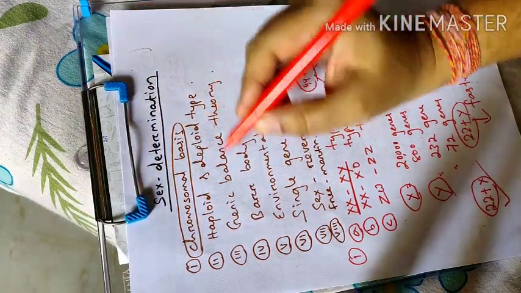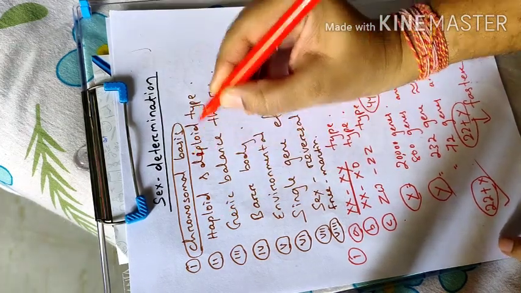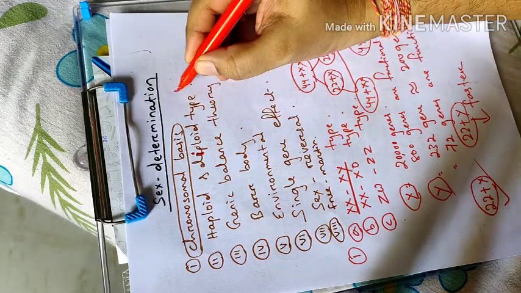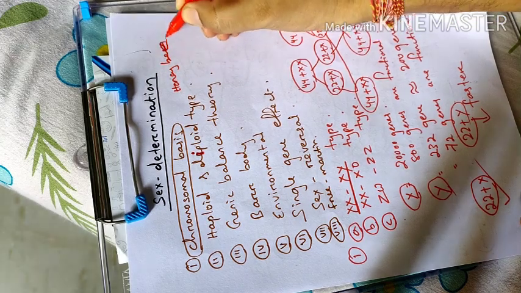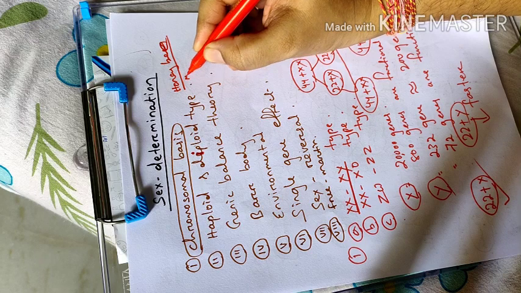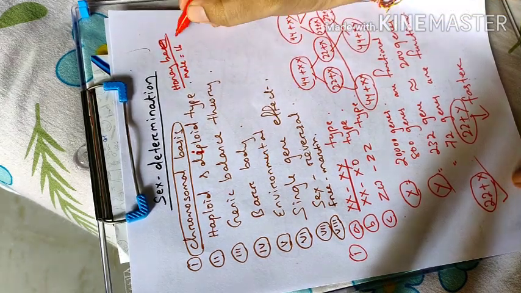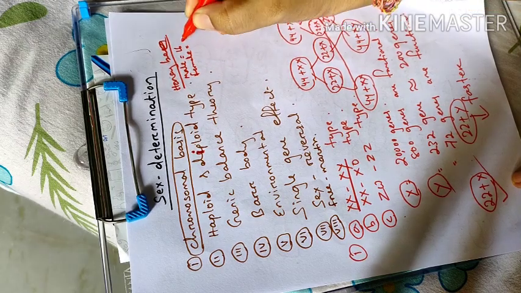Hello students, here they have skipped this one. There is haploid-diploid, this is a spelling mistake, and that is in the case of honeybee. Here the male has 16 chromosomes and the female has 32.